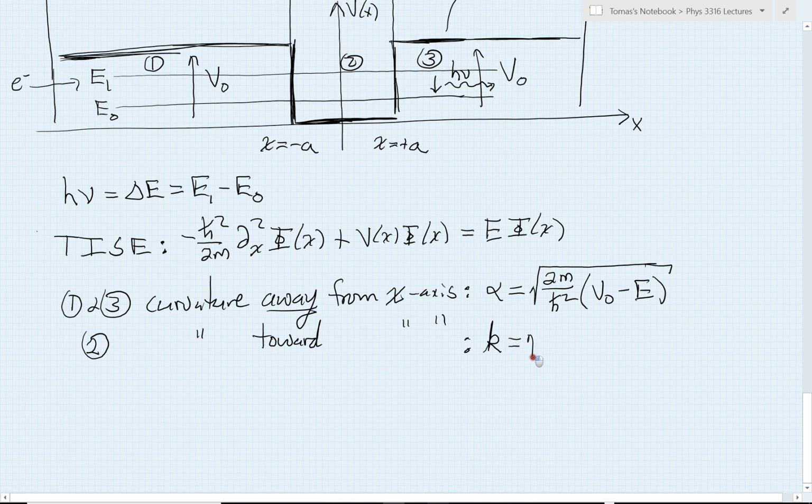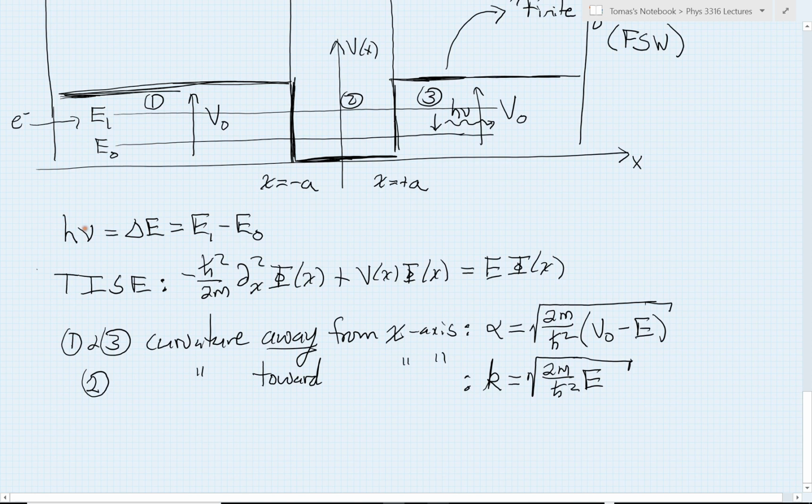It again follows my canonical formula: 2m over h bar squared times the difference between the energy and the potential. In this region, the potential is just 0, so that difference is just the energy, E. And that's my wave vector. Once again, I only have one region that has a wave vector associated with it, so I won't bother calling this k sub 2, as there's only one value I have to concern myself with.